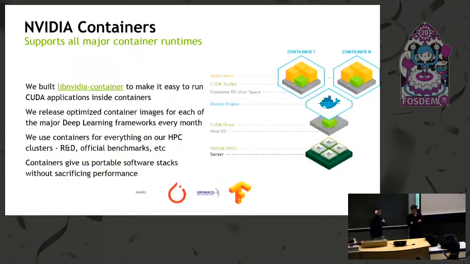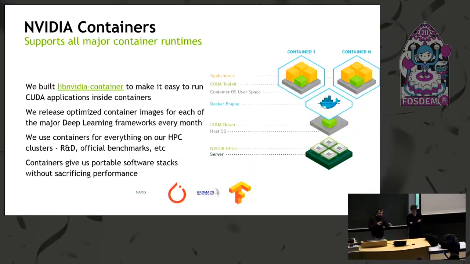Four years ago, Jonathan and myself started a project called NVIDIA Docker, which then evolved into libnvidia-container. The goal was to make it easy to deploy your CUDA applications in containers. It worked pretty well, and now it supports all runtimes, which is good because it doesn't force us to use a specific runtime. We can use LXC, RunC, Docker, Containerd, Kubernetes. You can run your CUDA apps in there.